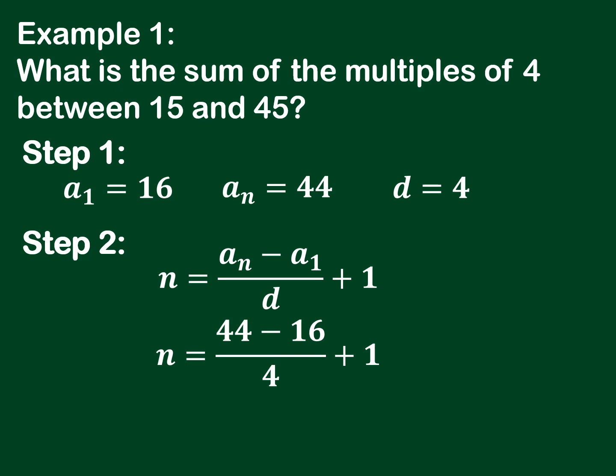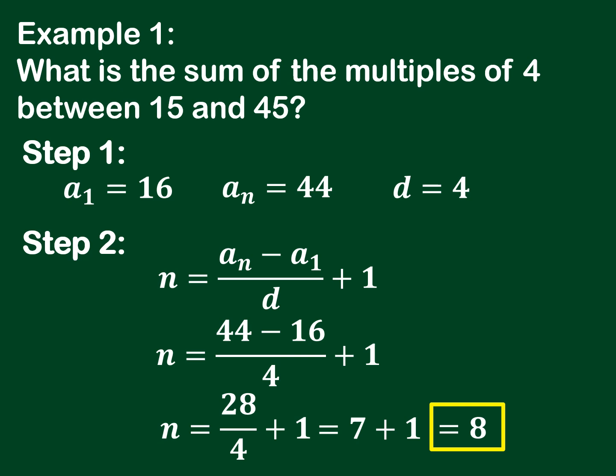Next, we're going to simplify. So 44 minus 16 is equal to 28, and then 28 divided by 4 is equal to 7, and 7 plus 1 is equal to 8. So the value of n in example number 1 is 8.